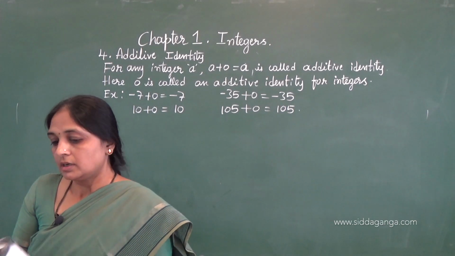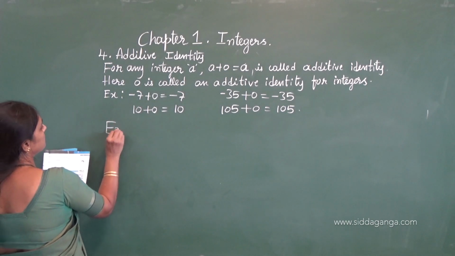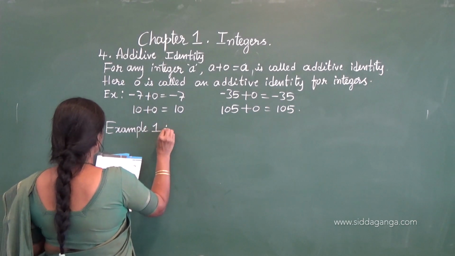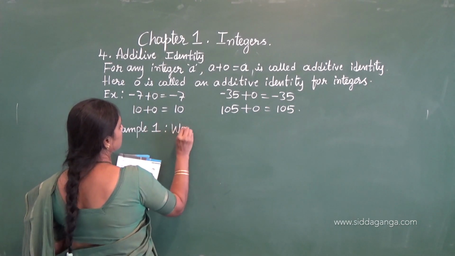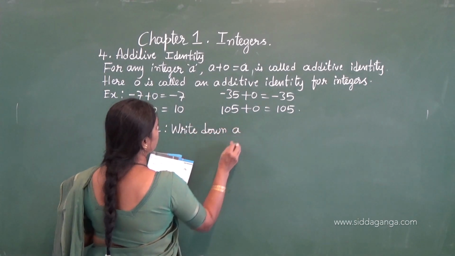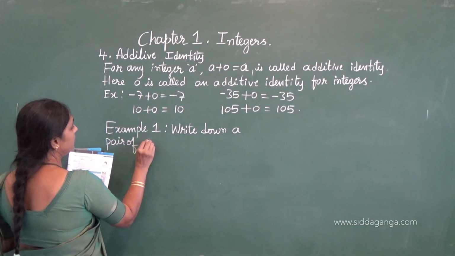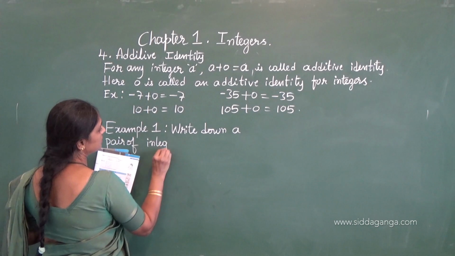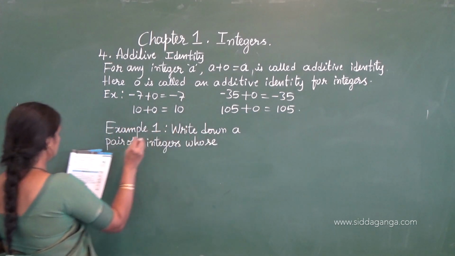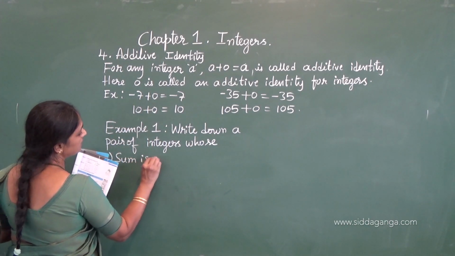Okay. There are some examples. Example 1. Write down a pair of integers whose sum is minus 3.